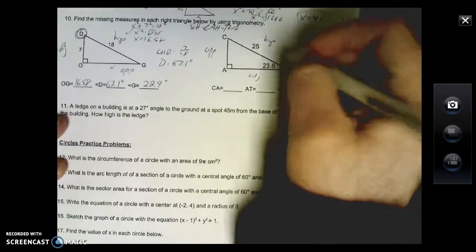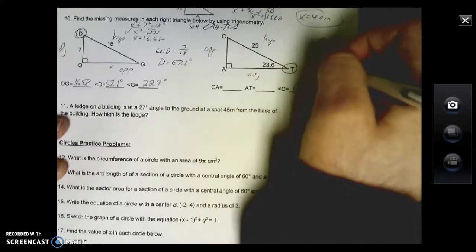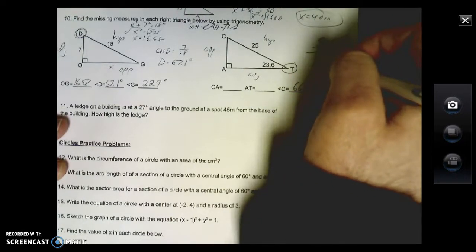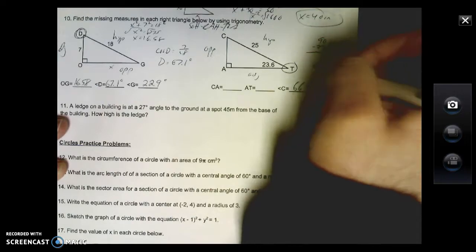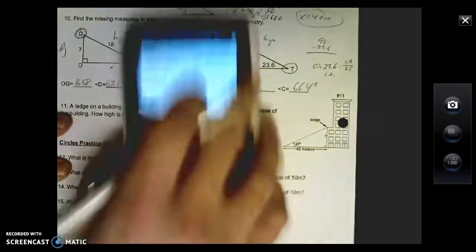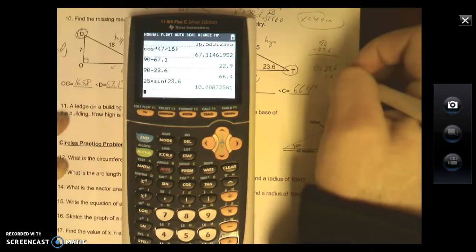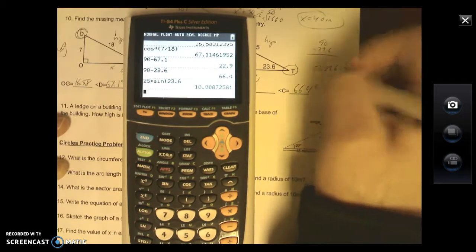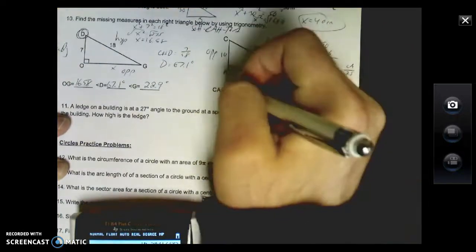If I want to find CA first, I can do O and H. So sine of 23.6 equals CA over 25. To find CA, I just do 25 times sine 23.6, which gives me 10.8008, or just 10. Okay, that's 10 right there.